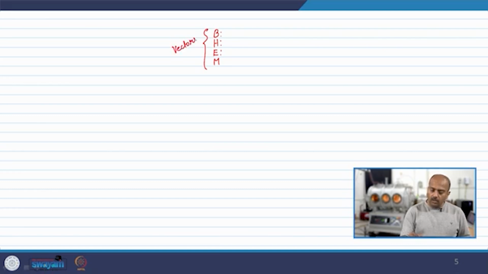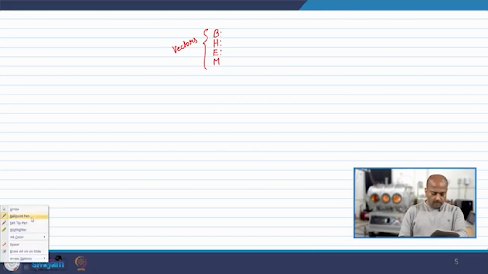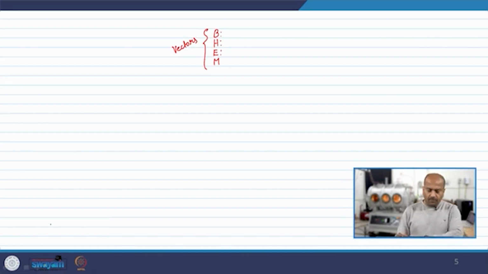So, we have B, we have H, and we have E, the electric field, and we also have M. All these are vectors. What are these? There are various names to these vector quantities.